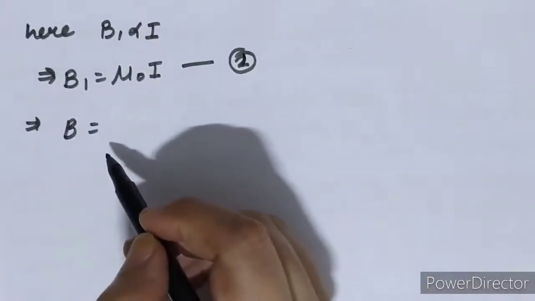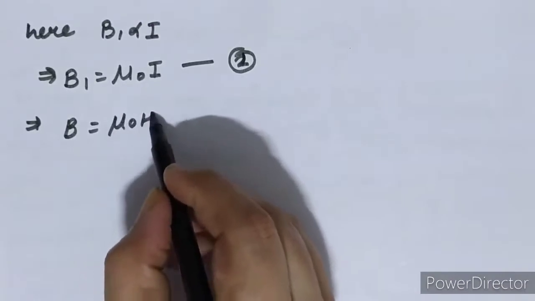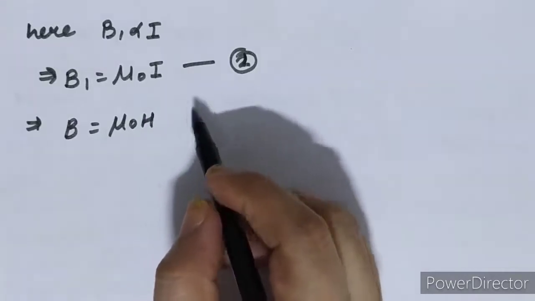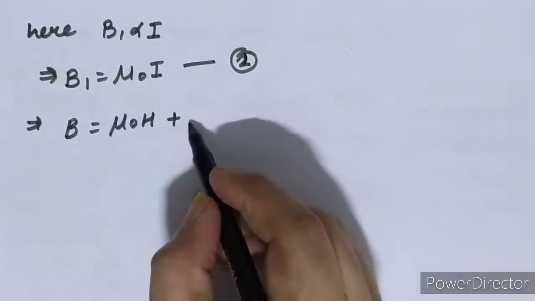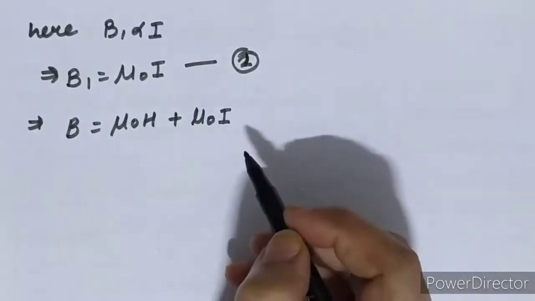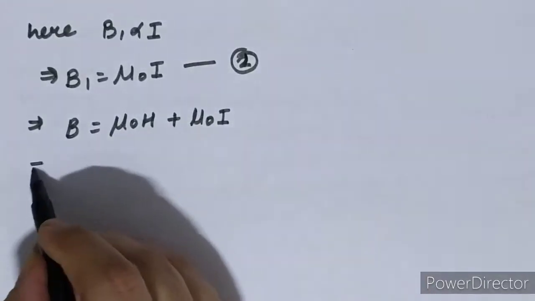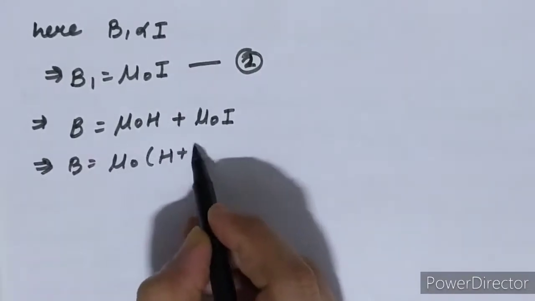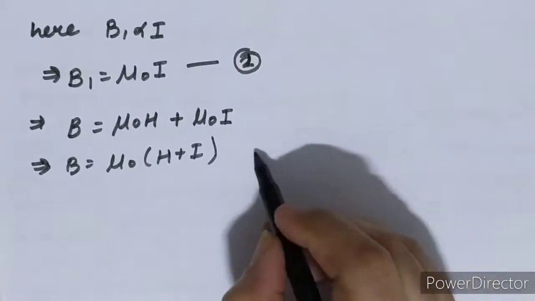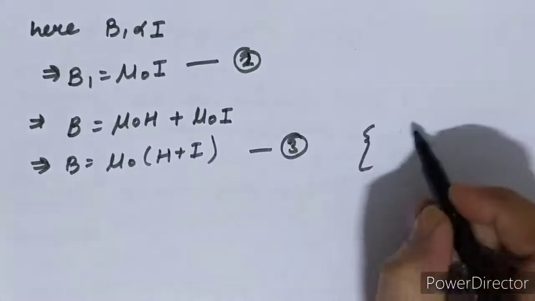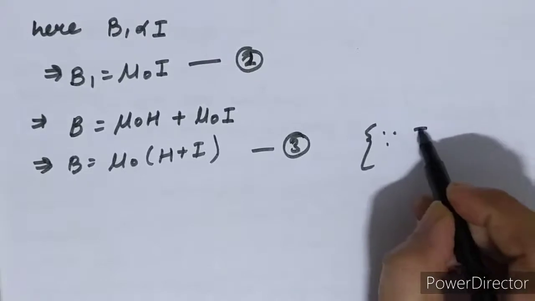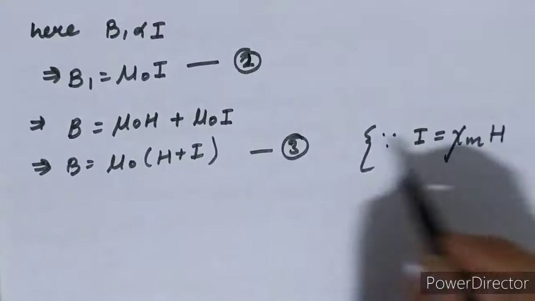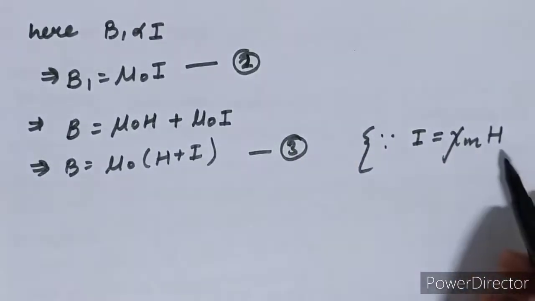B naught is mu naught H, through the current, and through the material of the core it is mu naught I. So we get B equals mu naught, taking it common, H plus I.